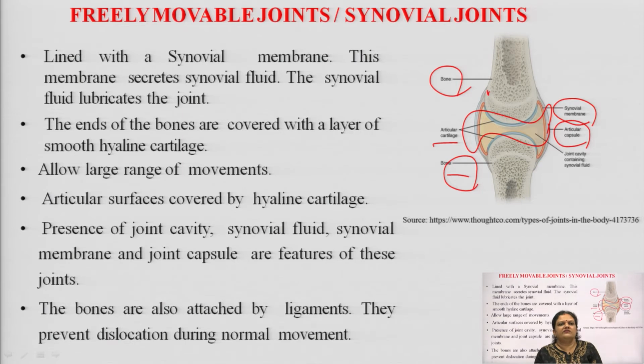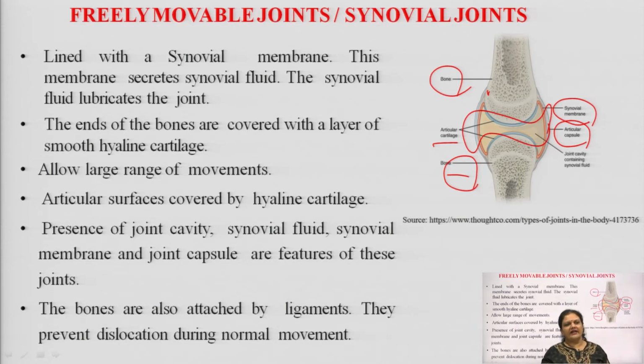The ends of the bones are covered with a layer of smooth hyaline cartilage, and this hyaline cartilage ultimately provides a large range of movement of the bony structures. The articular surface is covered by the hyaline cartilage, and the cavity is the hollow space.